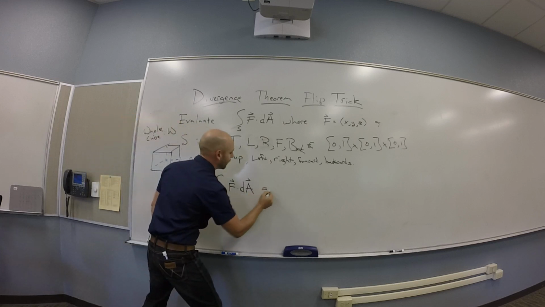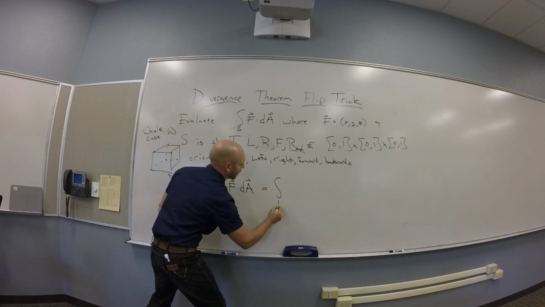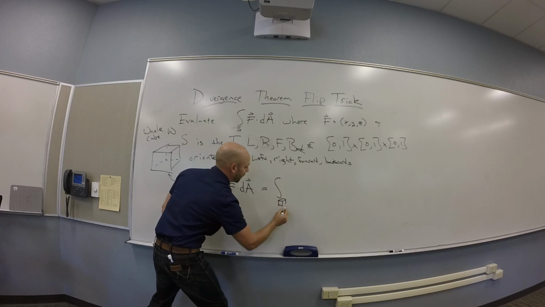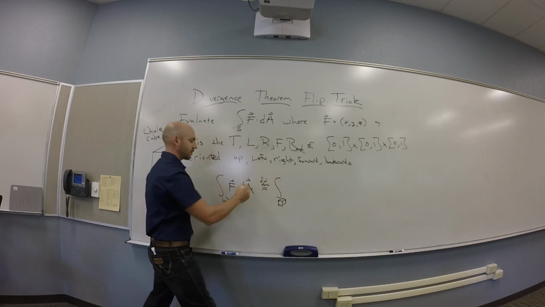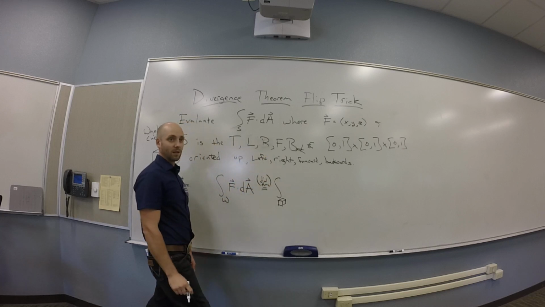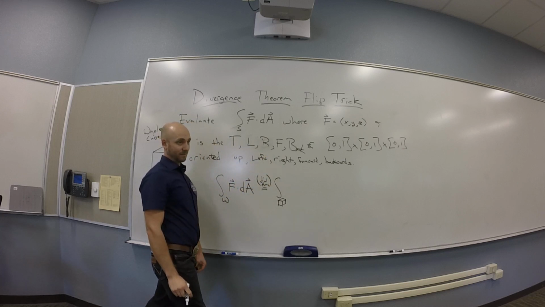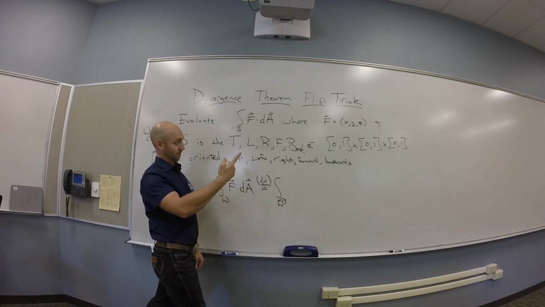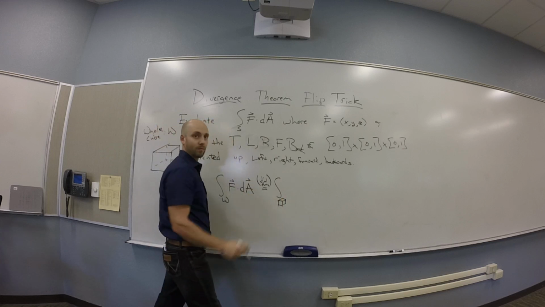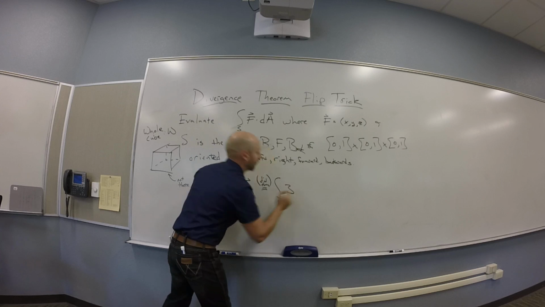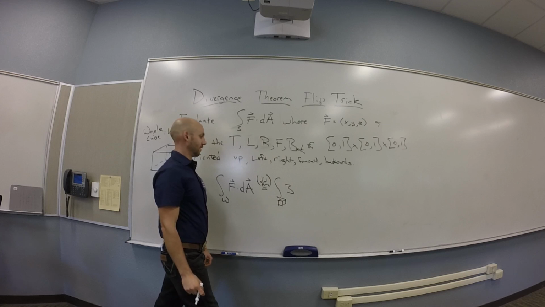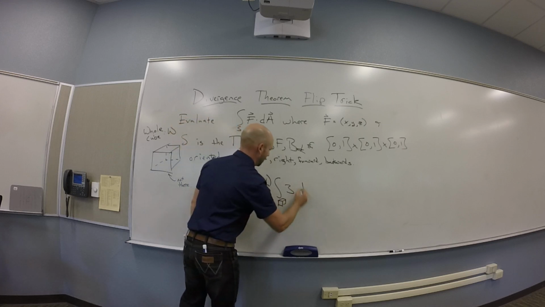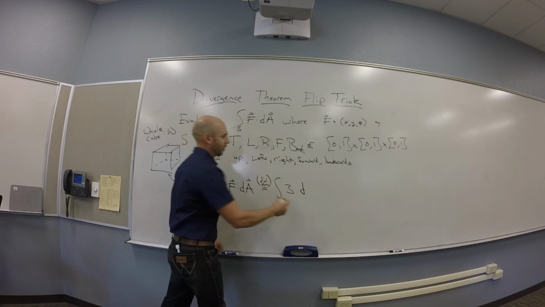So I get that this is the integral over the cube, and here I'm using the divergence theorem, of the divergence of f, which ends up just being 3, dx dy dz, d volume, right?